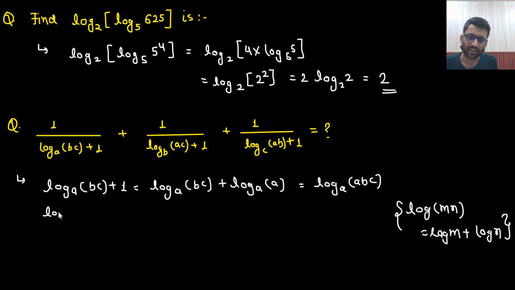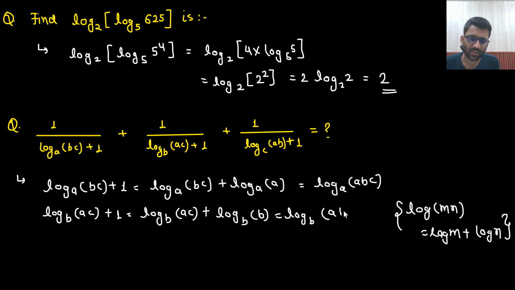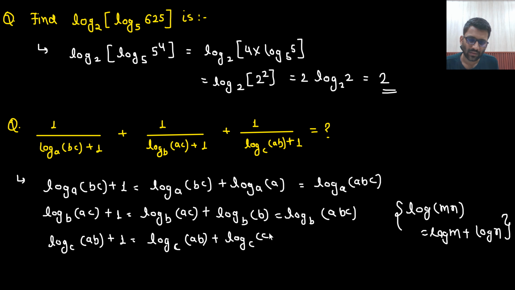Similarly, log_b(ac) plus 1 will be written as log_b(ac) plus log_b b, so it will be replaced with log_b(abc). And similarly, log_c(ab) plus 1, that would be log_c(ab) plus log_c c, that would be log_c(abc).